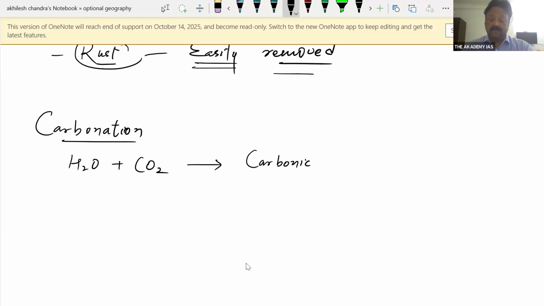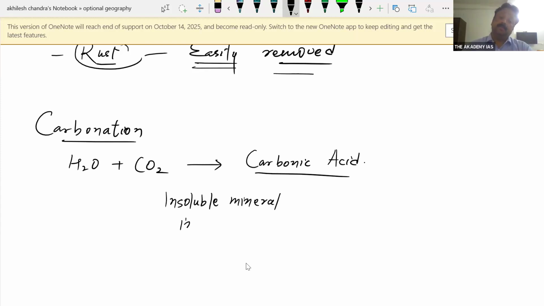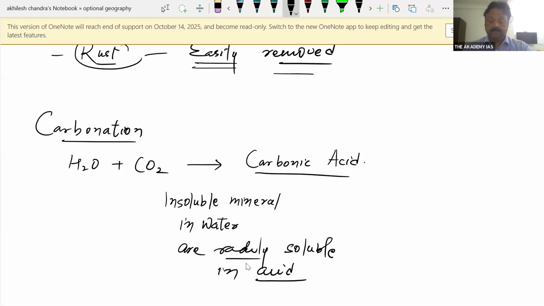And this carbonic acid changes minerals that are insoluble in water, so that they become readily soluble in acid. Fine. And now what happened?